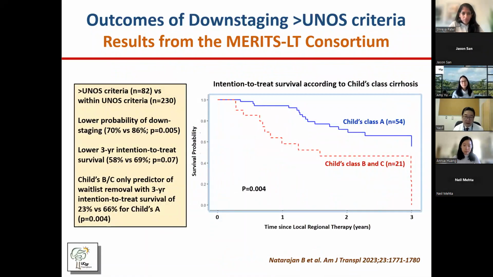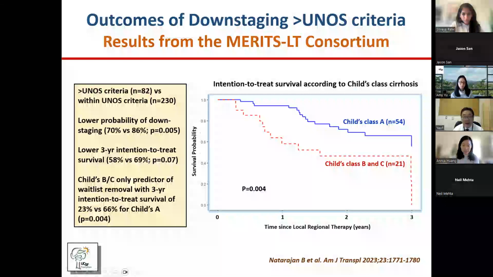And we recently published the result from the MERIT-LT consortium on the outcome of downstaging under the all-comers protocol in 82 patients compared to 230 patients undergoing downstaging using the standard UNOS criteria. The all-comers group had a significantly lower probability of successful downstaging, lower 3-year intention-to-treat survival, and Child B and C are the only predictors of waitlist removal.